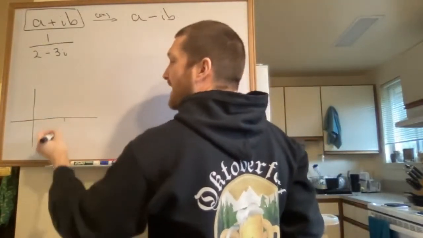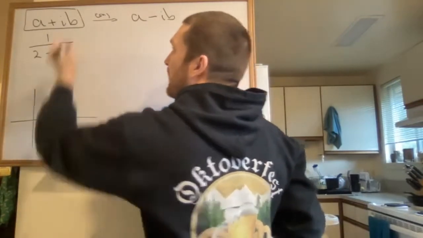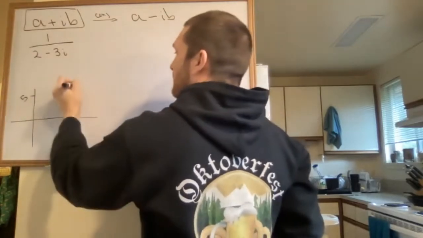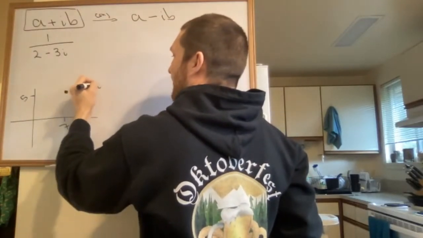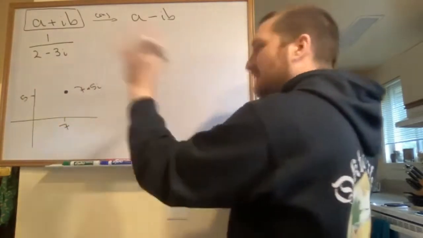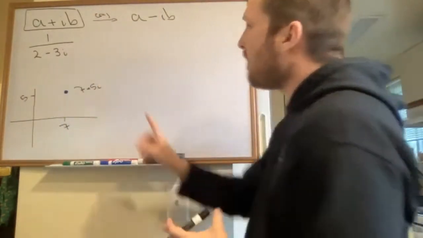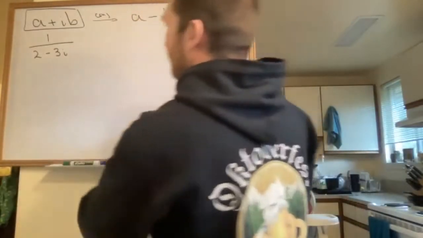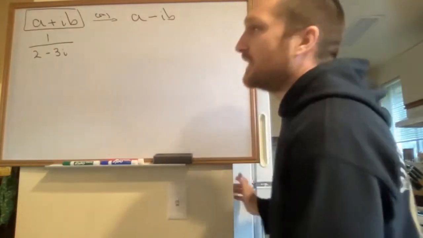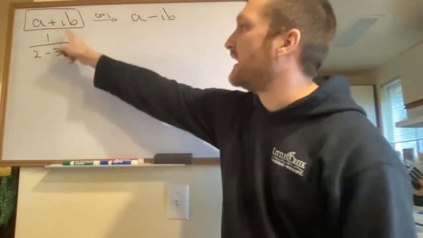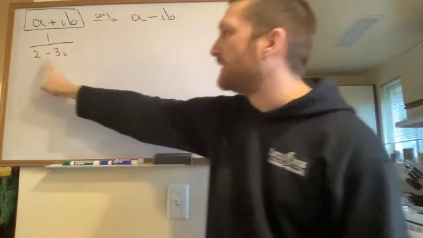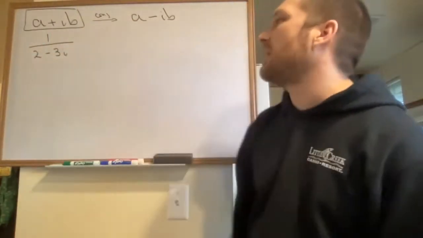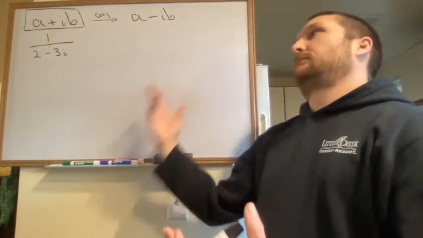If we know that A is, say, 7, and we know that B is 5, we could plot this on the plane and say 7 plus 5i lives right here, and that gives us some kind of insight into our problem. This right here, where does he live? I honestly have no idea where this guy lives. I cannot plot this. If somebody gave this to me and said, graph this on the complex plane, I'd be out of luck.